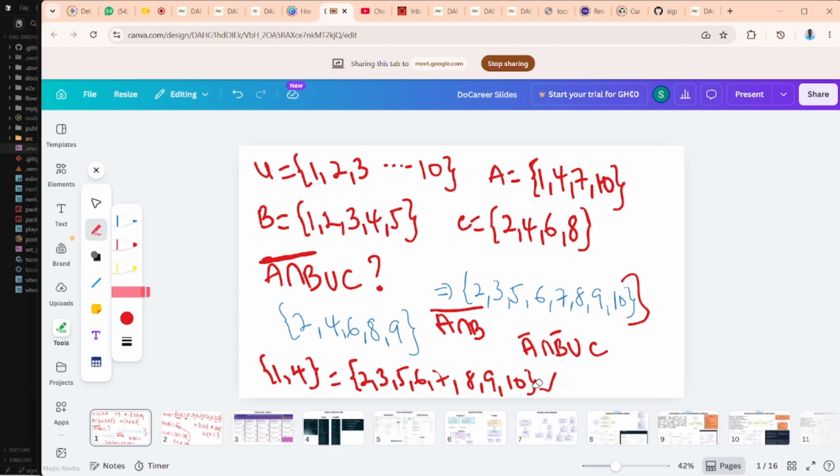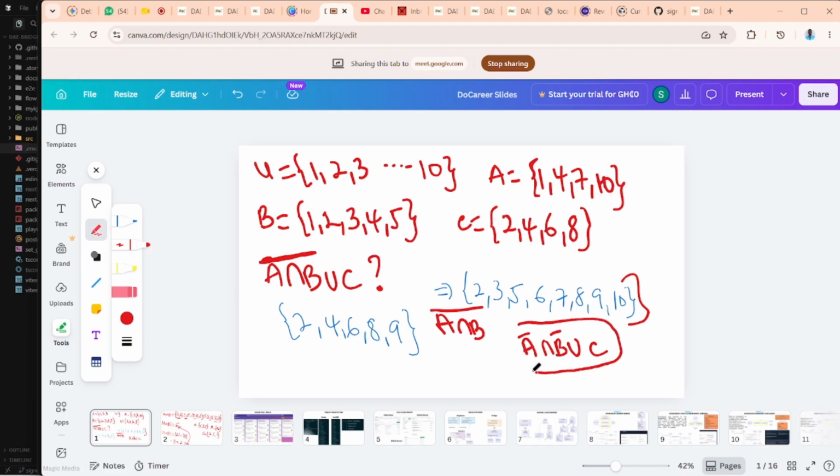All right, so let's solve the other one. Nick, can you mention your question? I did A bar intersection B bar union C. Okay. So A bar will be 2, 5, 6, 7, 8, 9.